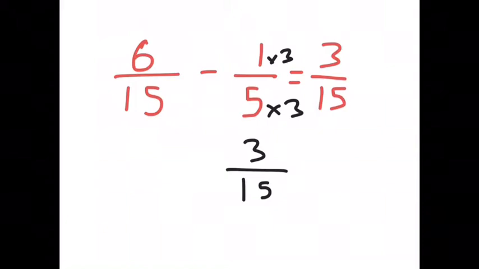So in this case, we're going to divide both the numerator and denominator by 3, and we have 1/5. But actually, either answer is correct, because 1/5 is the same as 3/15, which is the answer to 6/15 take away 1/5.